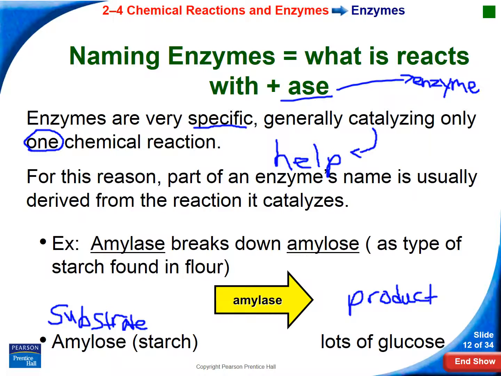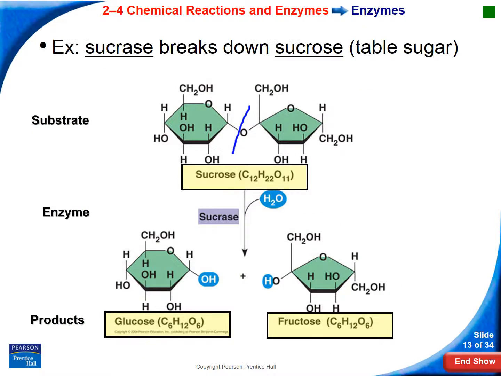Then you draw an arrow, and either on top of that arrow or inside of it, you write the enzyme. So that means amylase is helping amylose turn into the product. And then our product is over here. In this case, it's lots of glucose. Because remember, if you break down a polysaccharide, you get monosaccharides out of that.